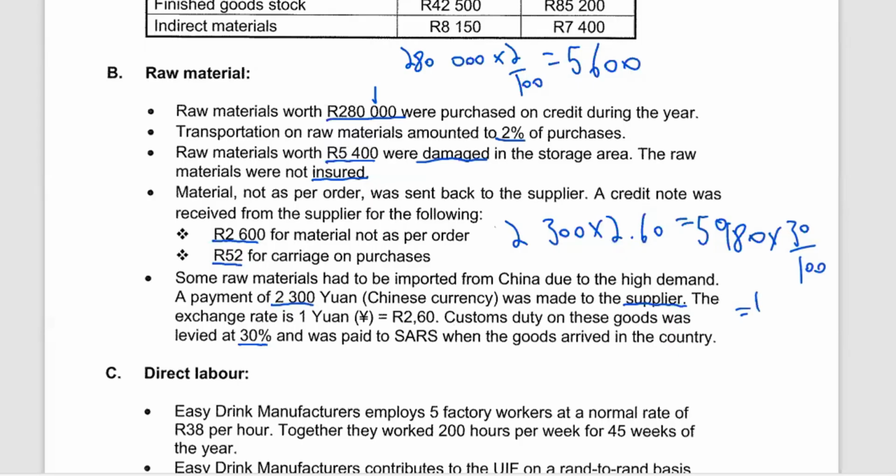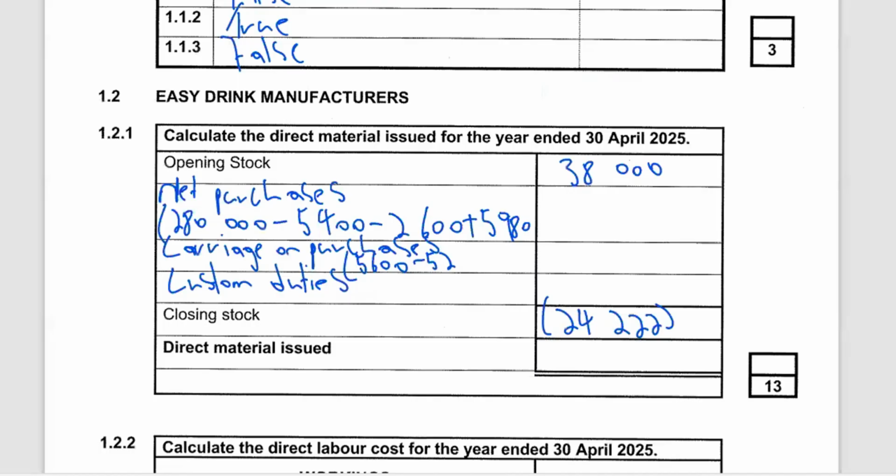Then we get our answer, which is 1,794. So here under custom duties, we have 5,980 multiplied by 30 divided by 100. Then our answer is 1,794.